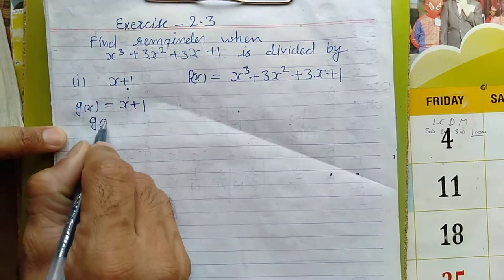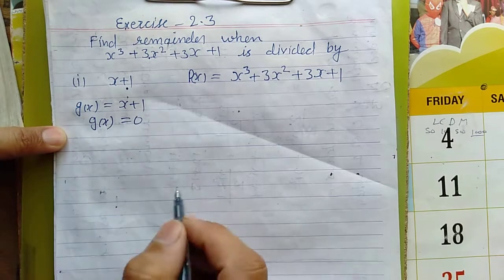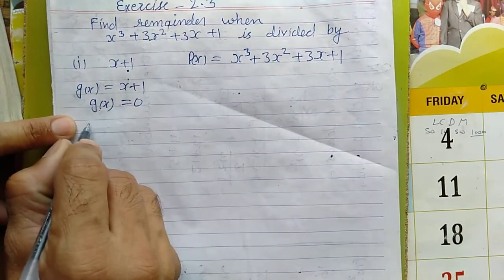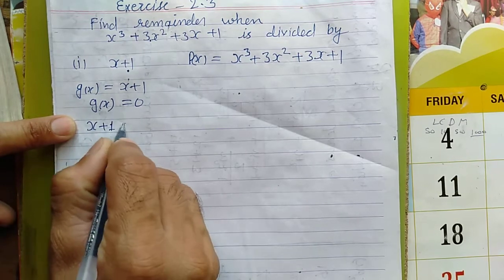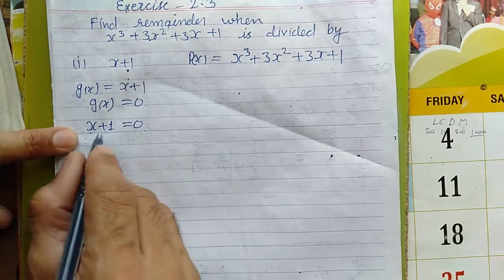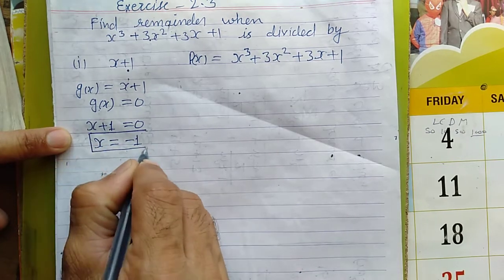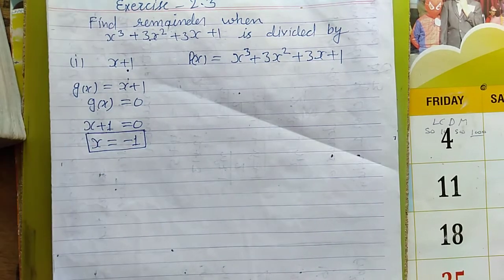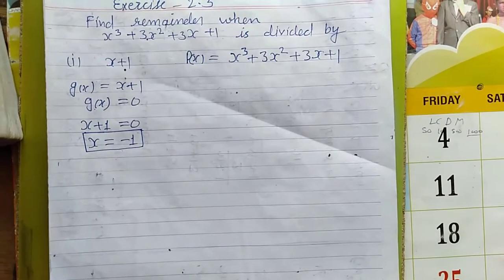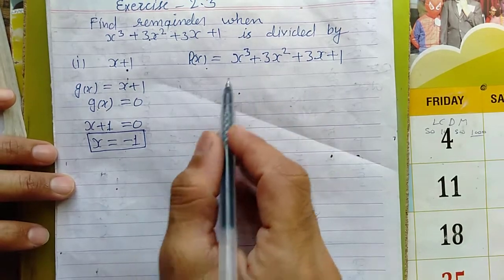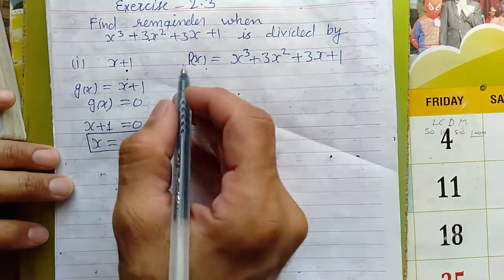We will take g(x) equal to 0. As in the last exercise we have done all these things, x plus 1 equals 0 and x will be equal to minus 1. This is the value of x. When we put this value here in p(x), we can find the remainder, whether it is 0 or not.